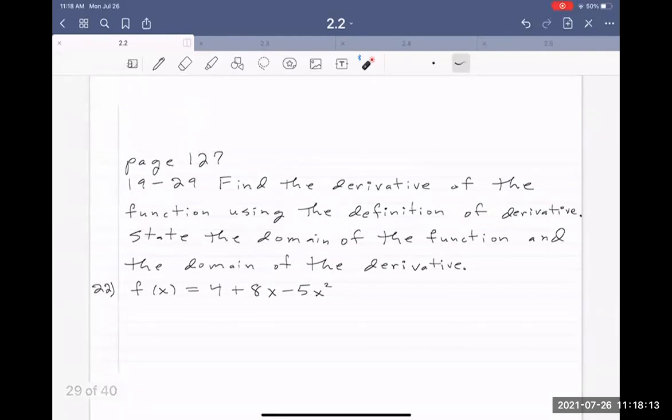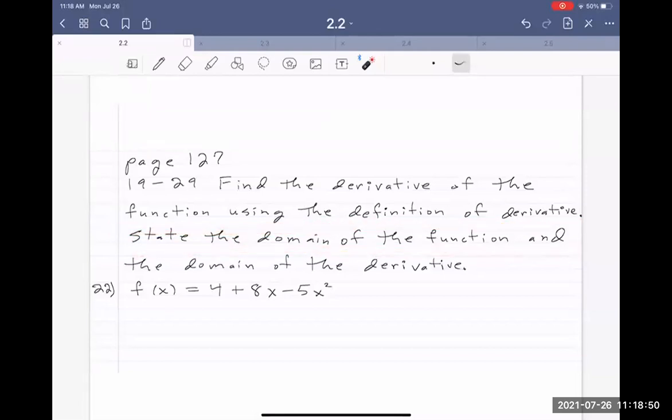So let's do some examples. On page 127, let me do problems 19 through 29. Find the derivative of the function using the definition of derivative.